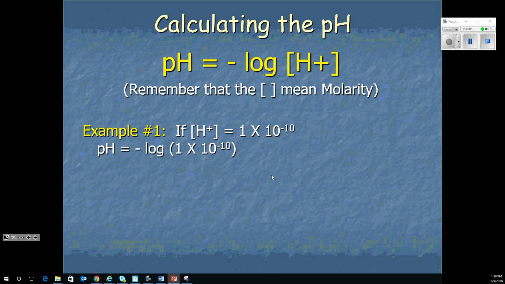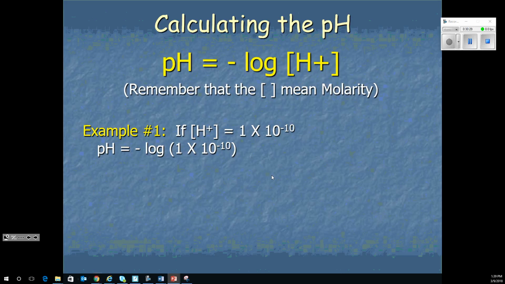So let's try this one. Let's just put it in our calculators. I know this is not in your notes, but I want you to just practice. So type in minus, not negative, but minus the log. If you have my calculators, click log twice and make sure you get log. And then we don't really have to put in the 1, because 1 times any number is that number.